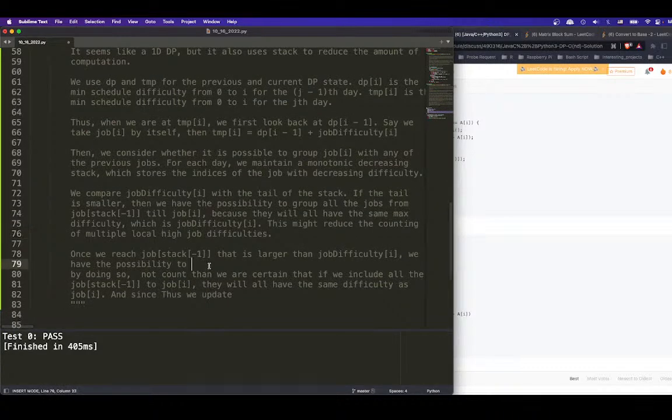We have the possibility to extend the job, to include job difficulty I into job stack minus 1.